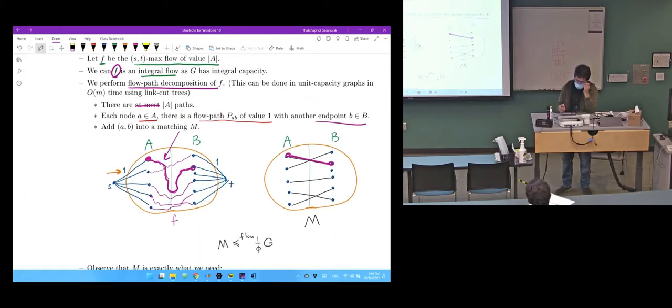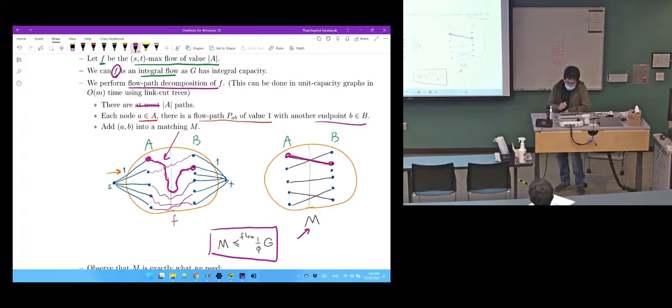Okay. And now, the important thing is that if I create the matching in this way, then the matching here is embeddable into G with congestion 1/5. Right? And what is embedding? It's just this flow.